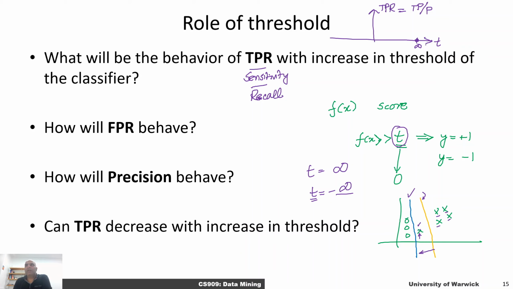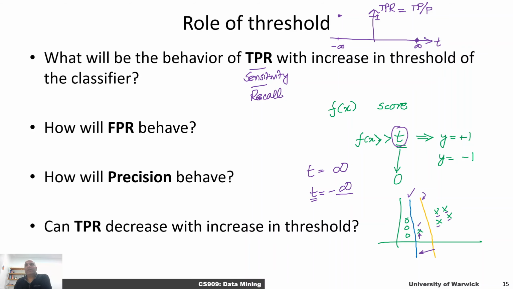Everything is going to be classified as positive. That means all the examples that are actually positive are also going to be classified as positive, right? So the true positive rate of any classifier at a threshold of minus infinity is going to be 1, whereas at t equal to infinity, it's going to be 0.